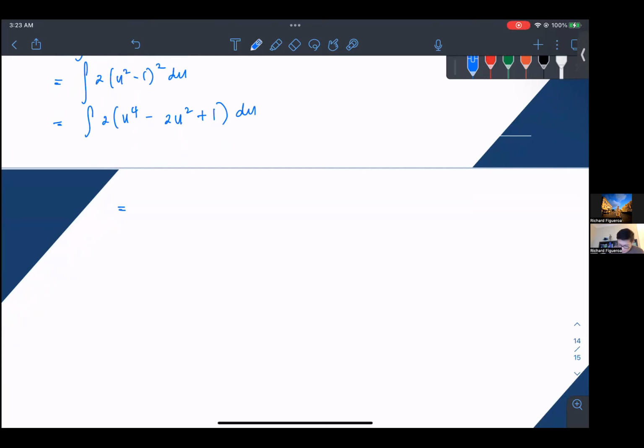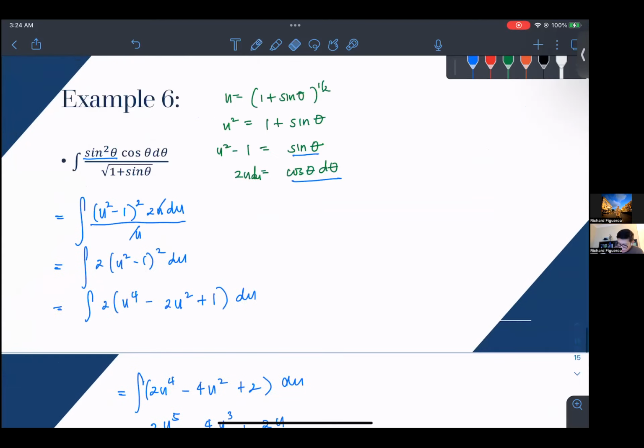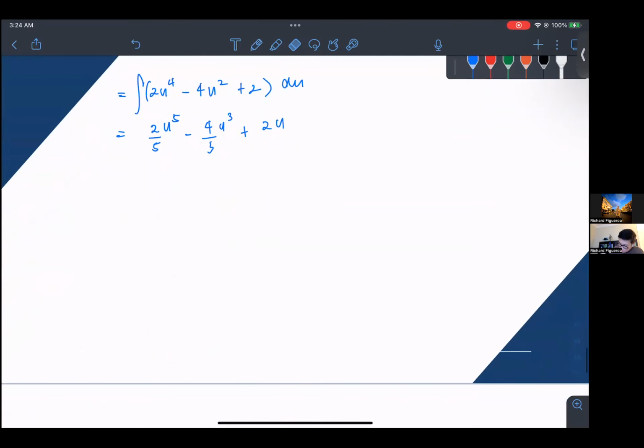So we distribute: 2u to the fourth minus 4u squared plus 2 du. So we integrate: that is 2u to the fifth over 5, minus 4u cubed over 3, and plus 2u.